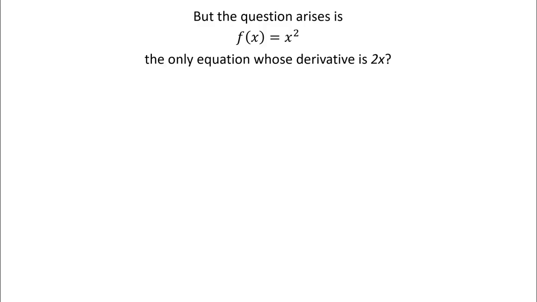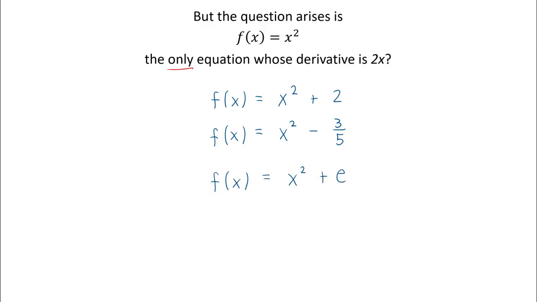Is x squared the only equation whose derivative is 2x? What about the function f of x equals x squared plus 2? That function has a derivative of 2x as well. What about f of x equals x squared minus 3/5? That function also has a derivative of 2x.